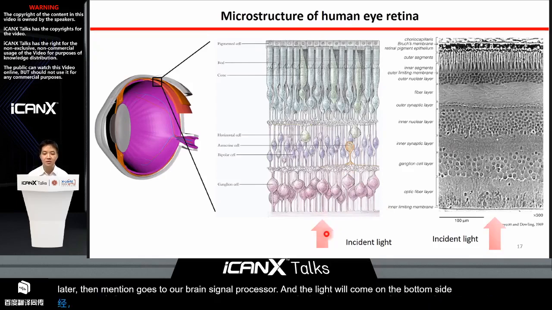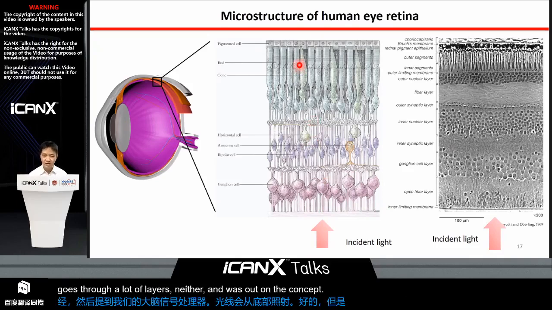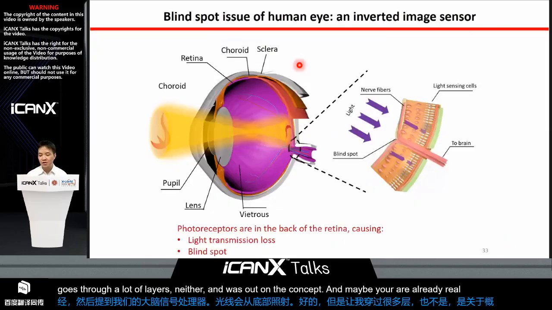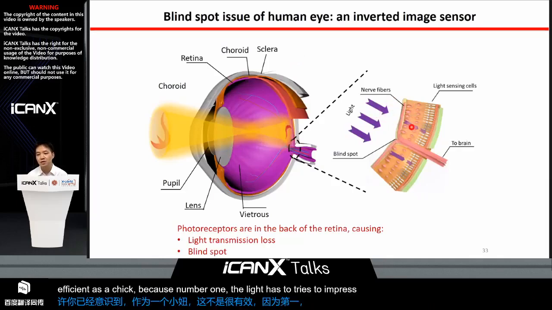The light needs to go through multiple layers in order to reach the rod cell and the cone cell over here. And maybe you already realize that it's not a very efficient way to build a photodetector. Number one, the light has to transmit through around 300 micrometers before reaching the photoreceptor.